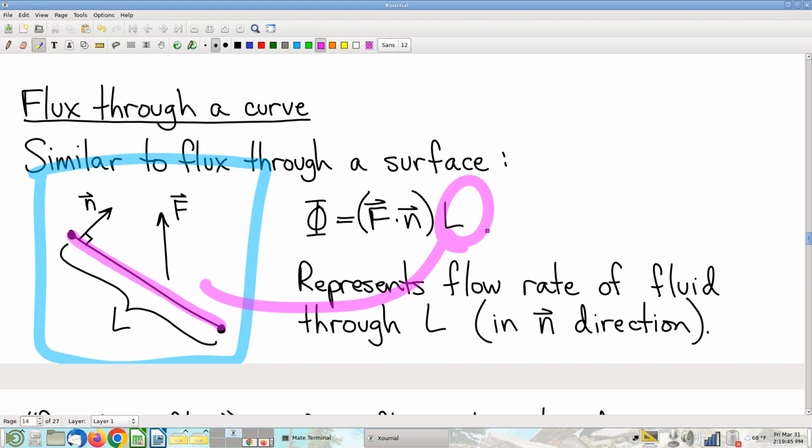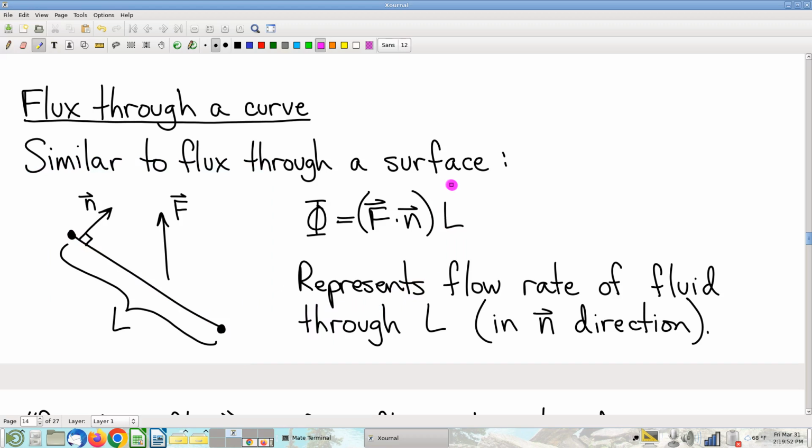This is an easier question than what we did in chapter 3. But you get this highly analogous result that flux, quantity of fluid per unit time, is F dot N times the length of the piece of curve. All right. Again, good practice problem. Give it a shot. If you get stuck, come talk to me in office hours. Very happy to help you fill in blanks there.